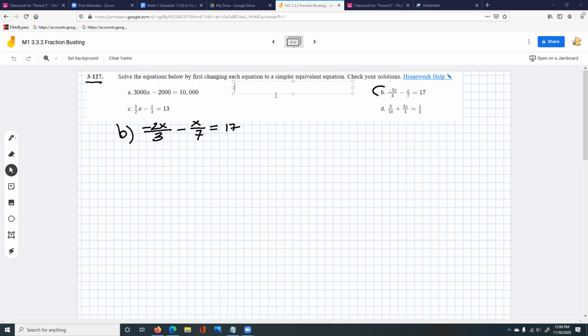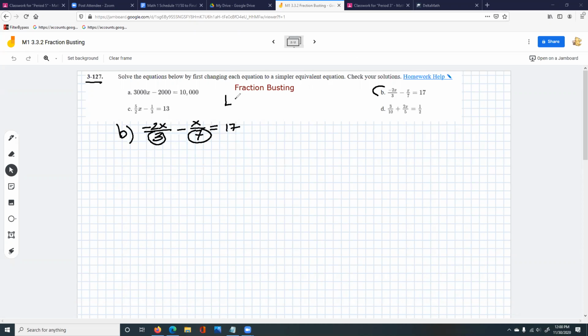Okay, we are going to use what is called fraction busting. Fraction busting is when we want to get rid of these fractions. Now how do we do this? What we're going to do is look at the denominators of our fractions. What is the denominator? 3 and 7.